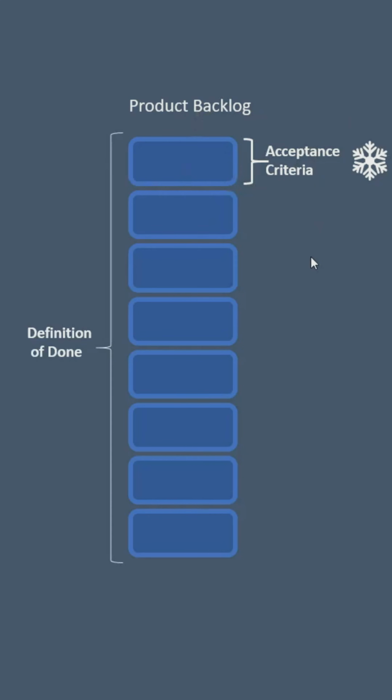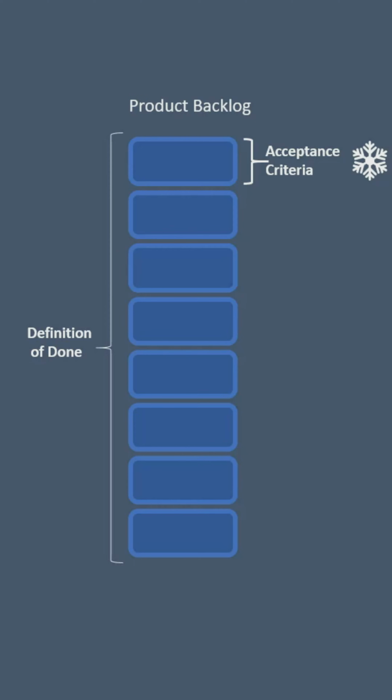Now, let's continue on. So our definition of done applies to everything in our product backlog. So every product backlog item has the definition of done. The work inside of it is applied to any product backlog item.